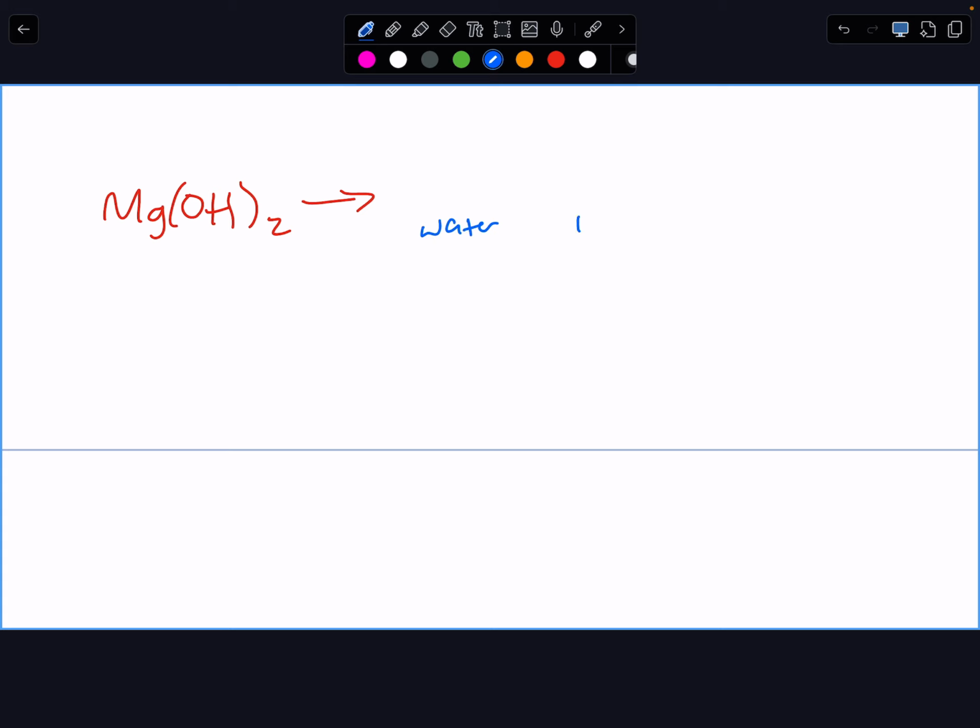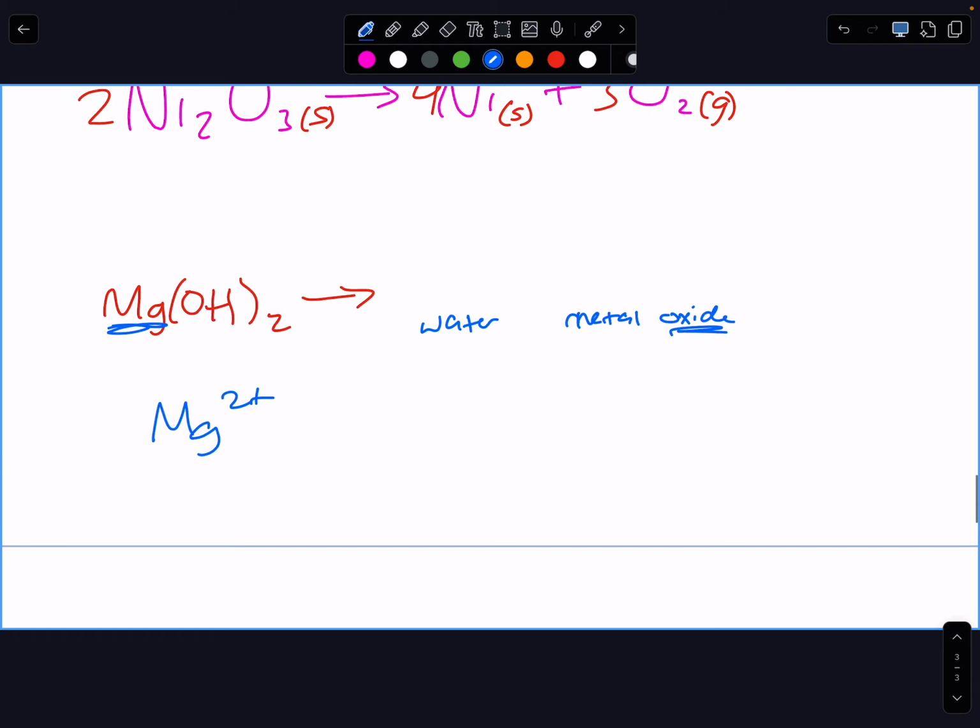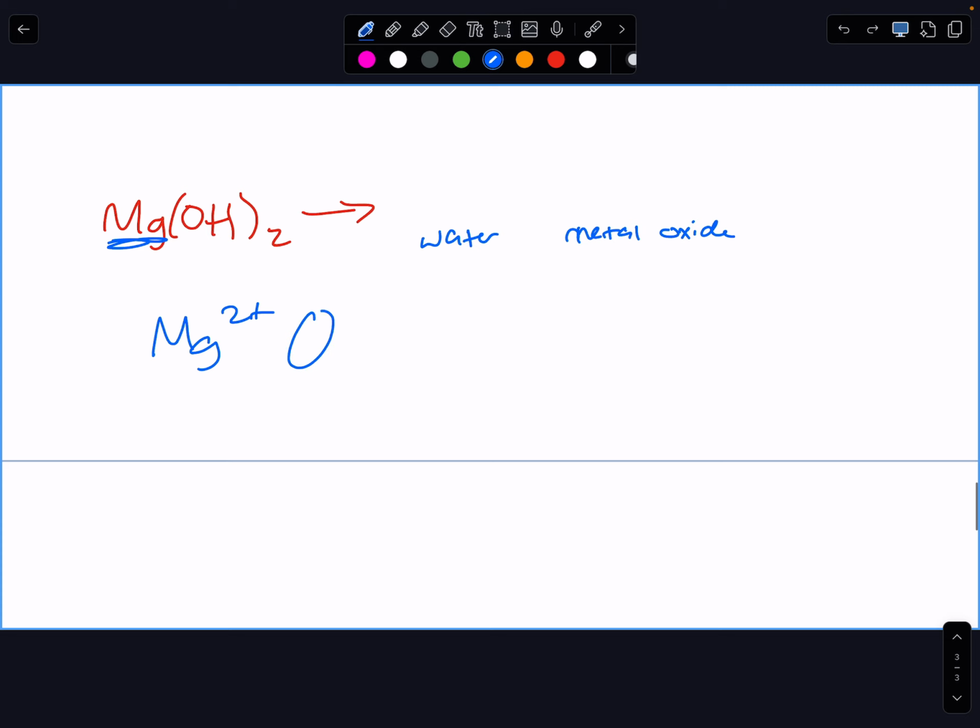So Mg. Metal oxide, what's my metal? Mg, 2+, and oxide is oxygen with 2 minus. So what's the formula? MgO. Okay, and what's water? H2O. That's it. If you memorize that, you get 100.